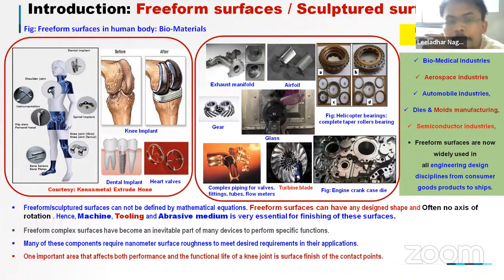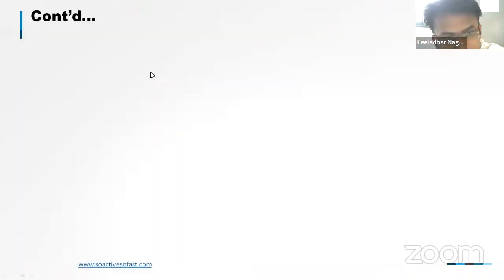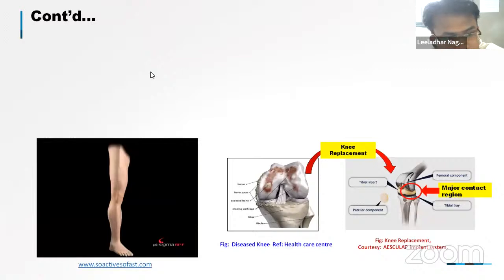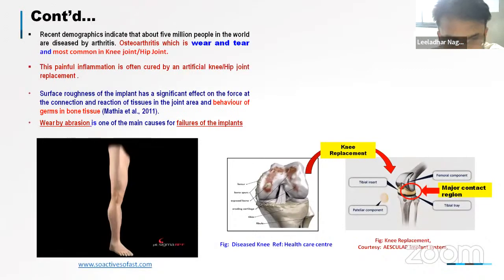Particularly, I will be talking about this femoral component, this knee joint. How have we developed, how are we developing the process for finishing these knee joints? This video is not working, otherwise I would like to show it here.